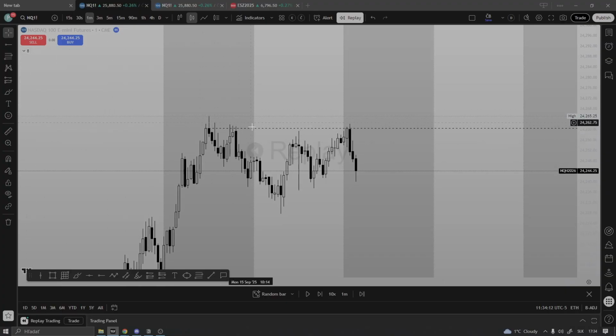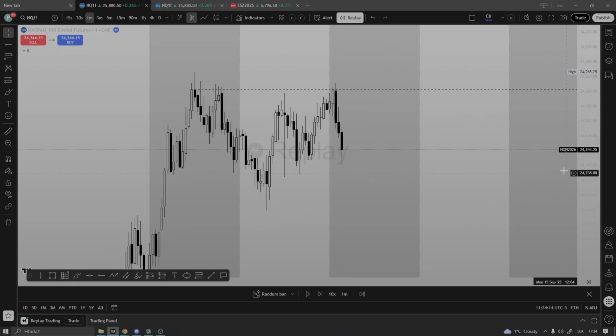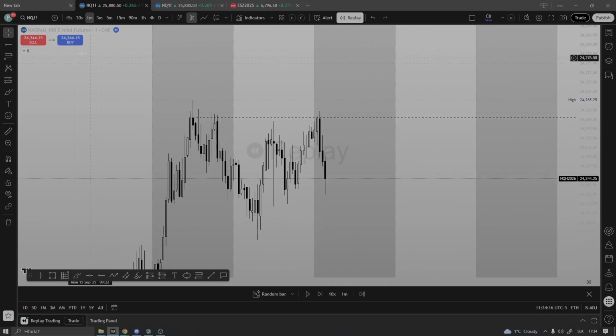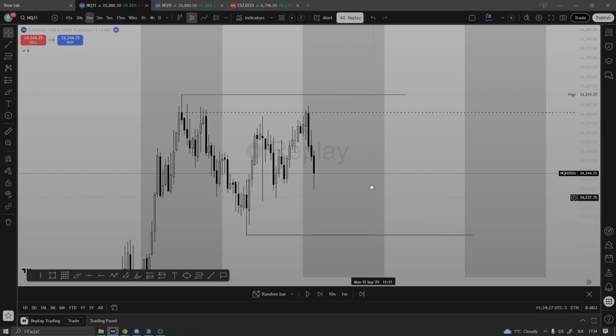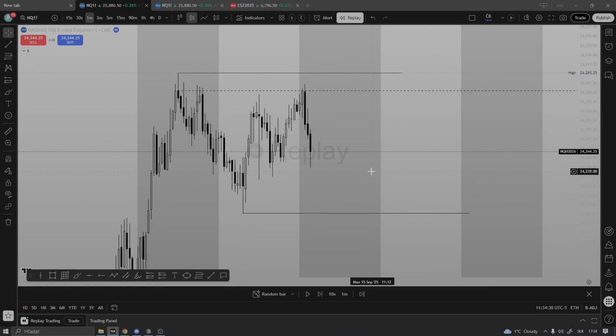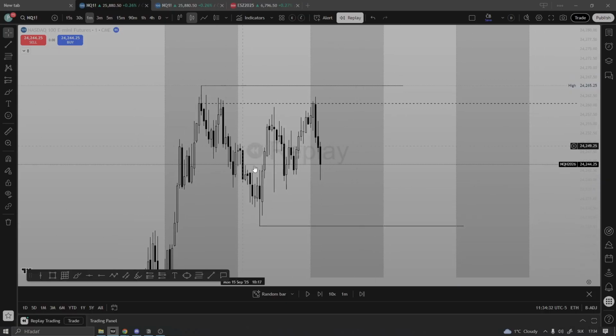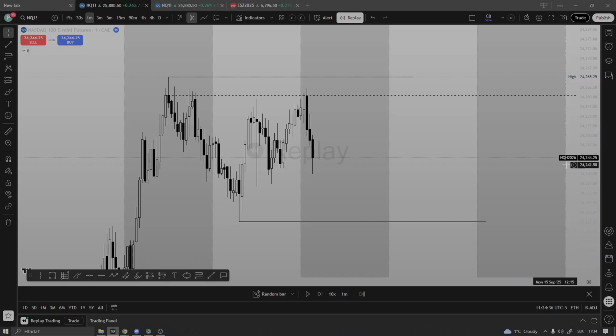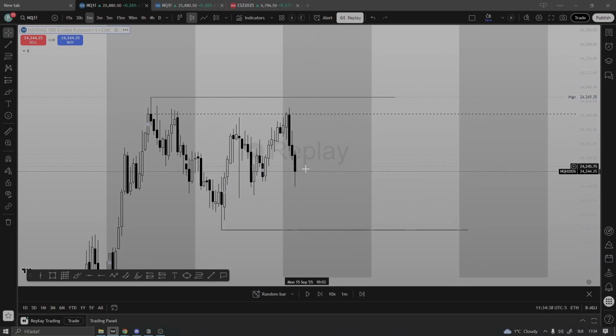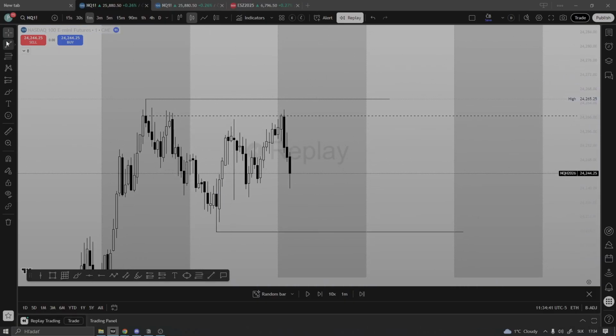Okay, so now 10 a.m. opened, and we are clearly staying below it. Right now we are in accumulation, meaning the high of our range is this high, and right now this low. So if we want to trade inside this range, we should at least wait for one of those points to be taken. And in terms of our current session, this one was really great.